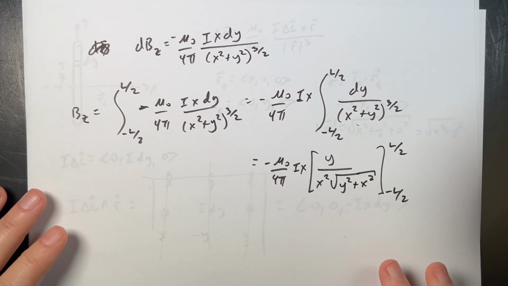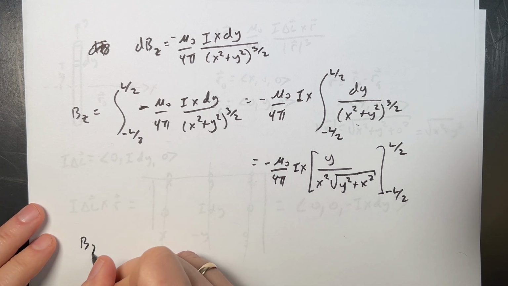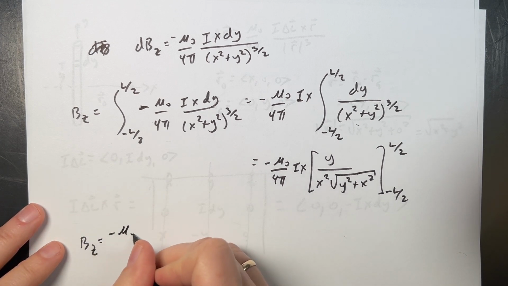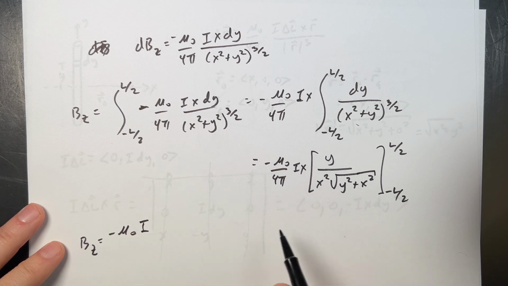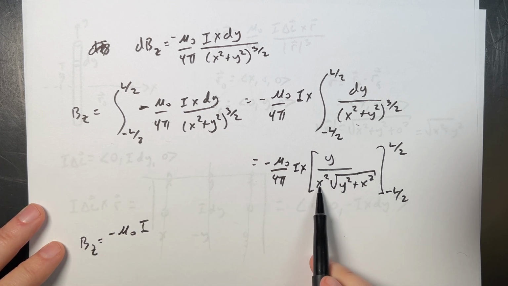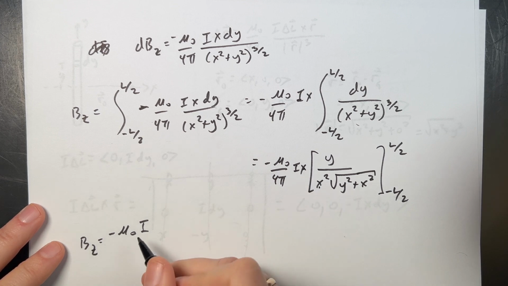So now let's evaluate it at the limits. So B z is negative mu naught I. Okay, so right here I can pull out the x squared because it's a constant, and I get x over x squared is just going to be x. So I have 4 pi over x.